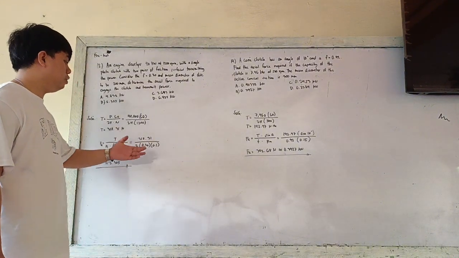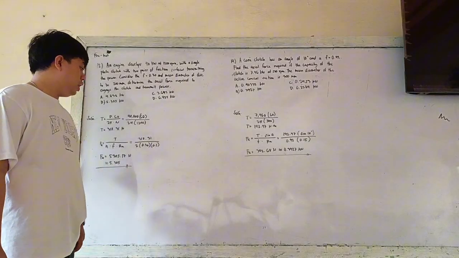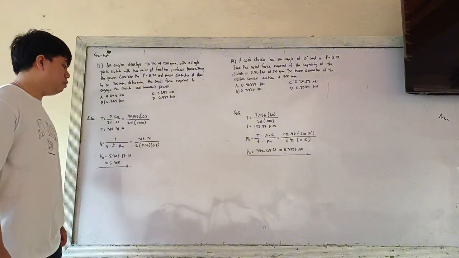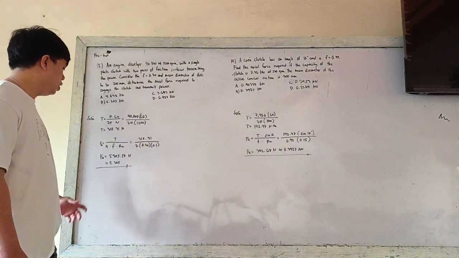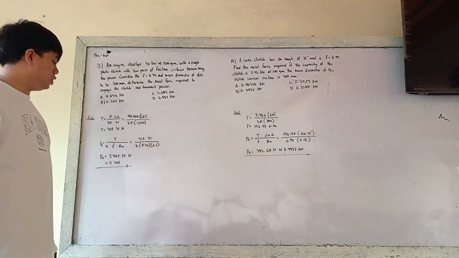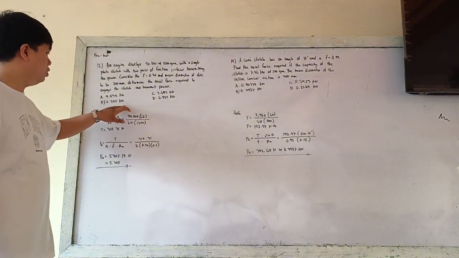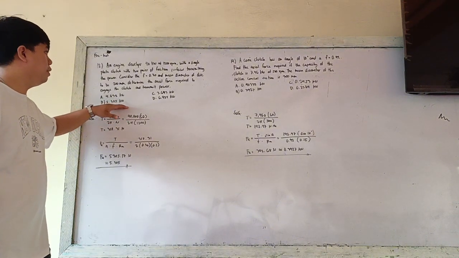So plug in the values. FA is equal to 318.31 divided by 2 times 0.30 times 0.1. So FA is simply 5.305 kilonewton, or simply the right answer is letter B.